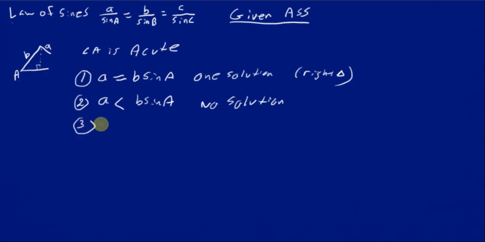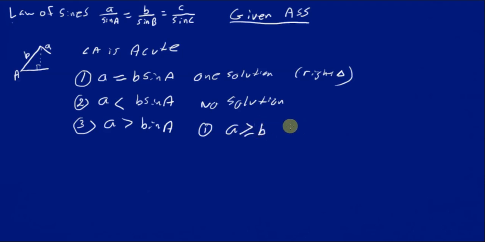And the third choice would be that A is greater than this B sine A. And this is the case. It's going to give us either one or two solutions. So you're going to have to check now if this is the case, that A is greater than B sine A. You're going to check first, is A greater than or equal to B?